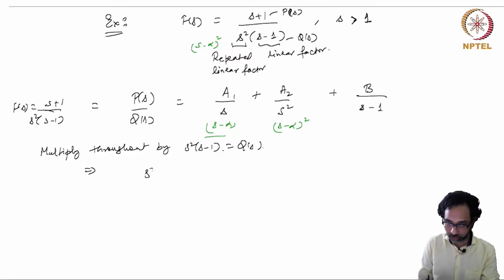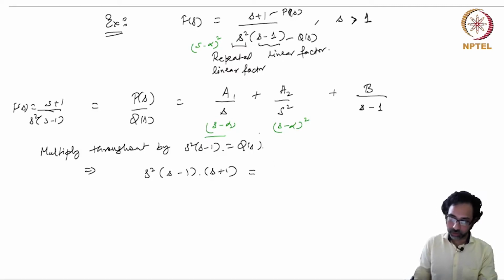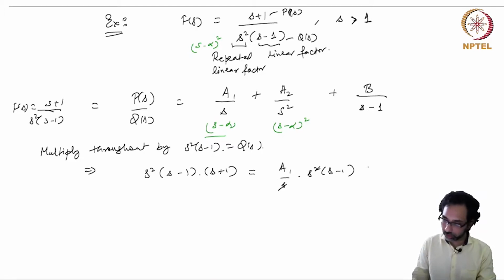So then you will get s squared times (s minus 1) times (s plus 1) over Q(s), which equals a1 over s times s squared times (s minus 1). So one of the s's cancels out, so it's just a1 times s times (s minus 1). Then you have a2 times simply (s minus 1) because the s squared terms cancel out, and then you have b times s squared.